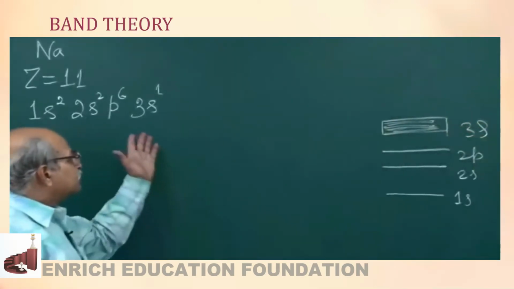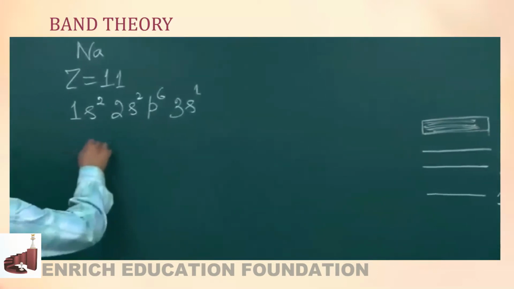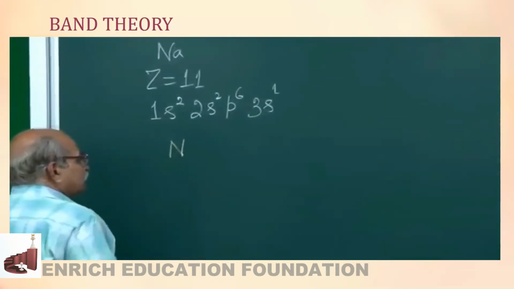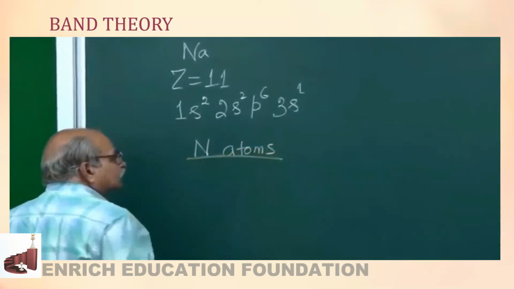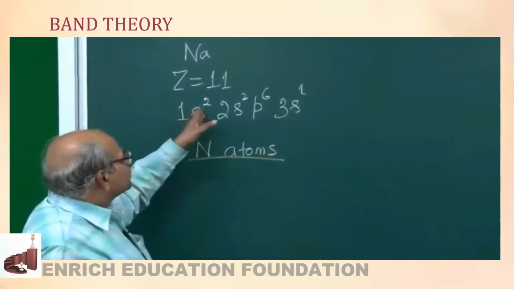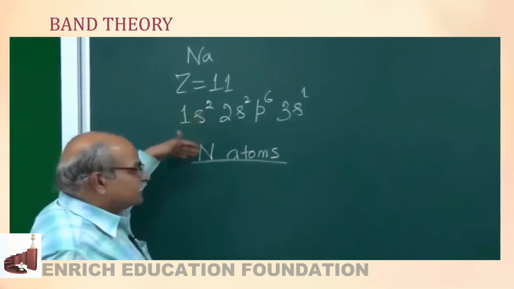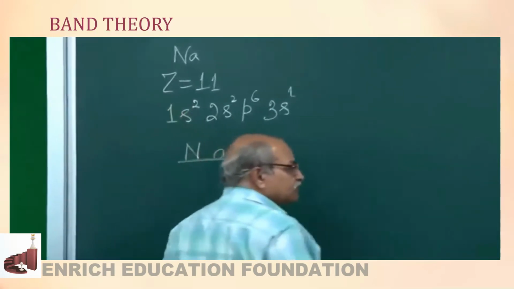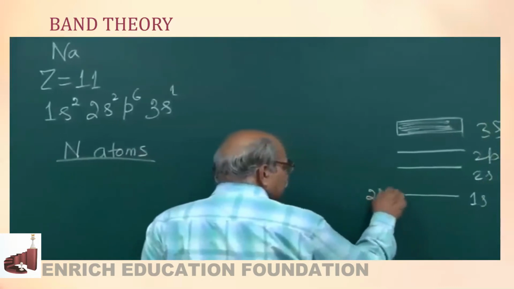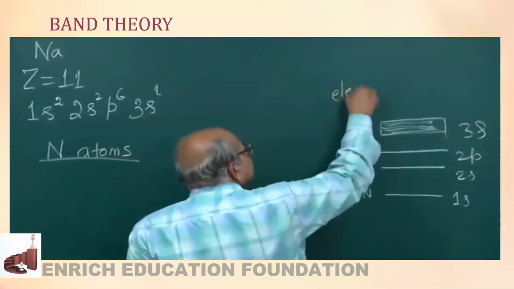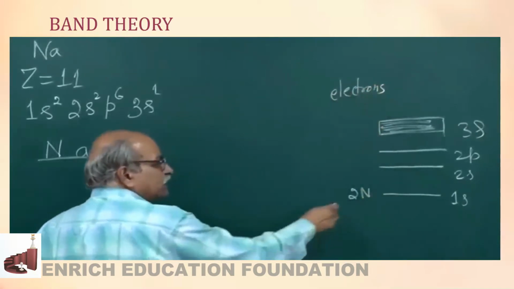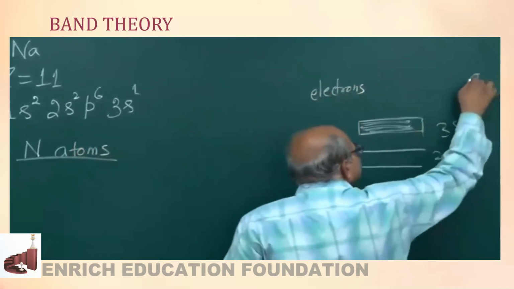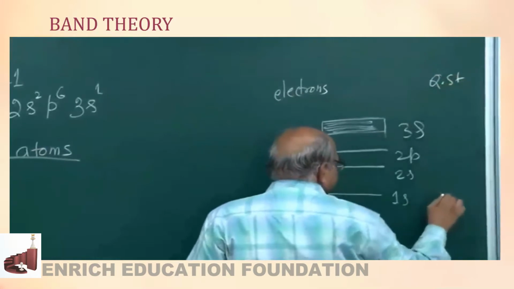Now as far as a solid sodium of n atoms, let us say, then you have 2n electrons in the 1s state. So this is 2n electrons. Here, number of electrons is 2n, and number of quantum states is also 2n.